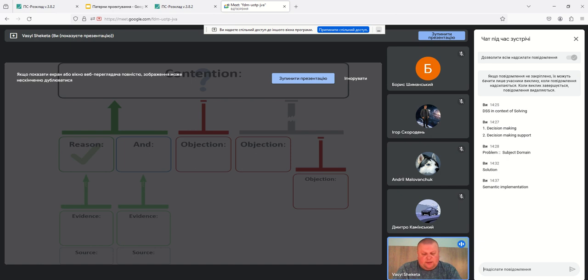From this point of view, it's very important to differentiate between problem solving, the main topic for today, problem analysis, and the third point, decision making. So we have three main layers: problem solving, problem analysis, and namely decision making.